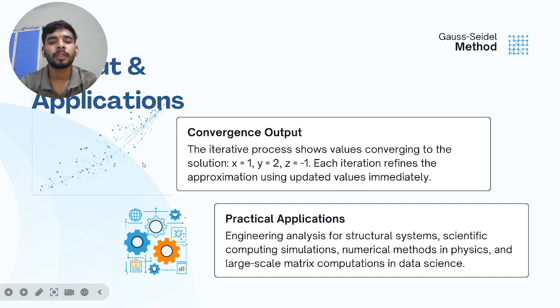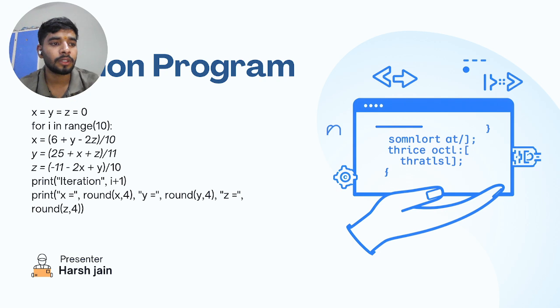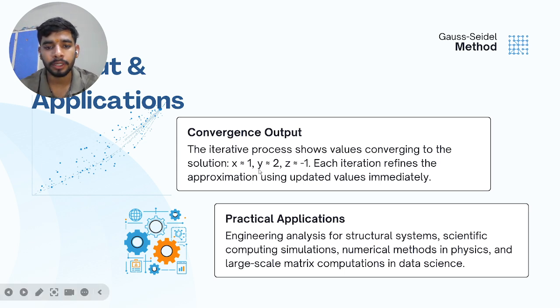This is only for Gauss Seidel. For checking the convergence, we use a different formula. Now the convergence output, as we have seen, is x equals 1, y equals 2, and z equals minus 1.